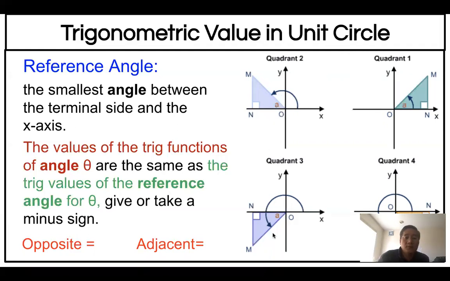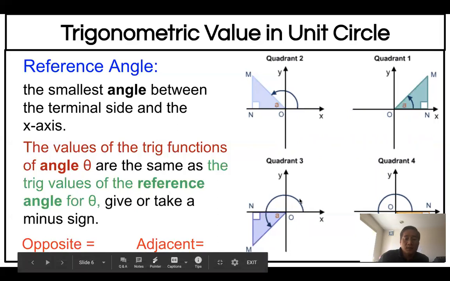Then in quadrant 3, in this case, how do you get the reference angle? From the original angle, you subtract 180 this time. But don't worry about it, you get the angle here, okay?